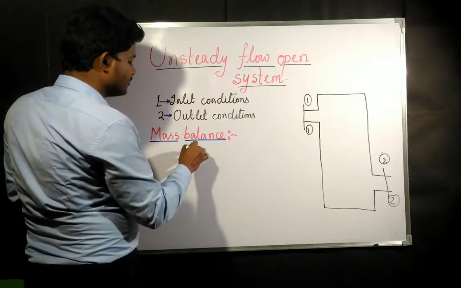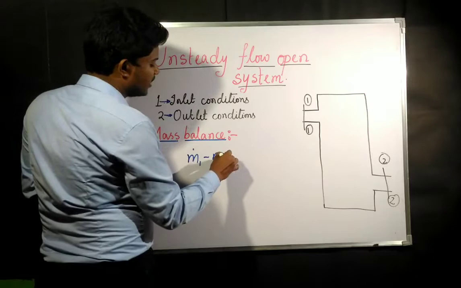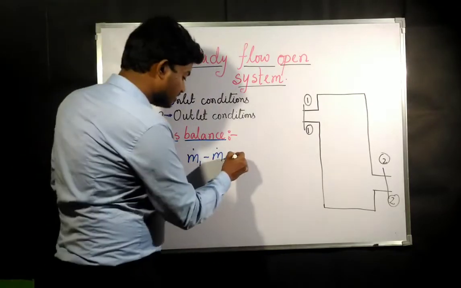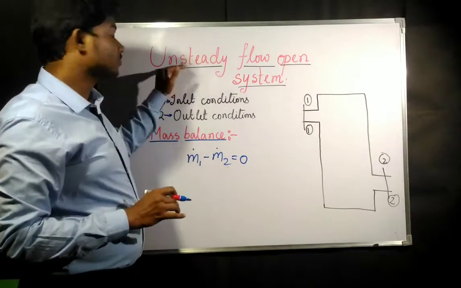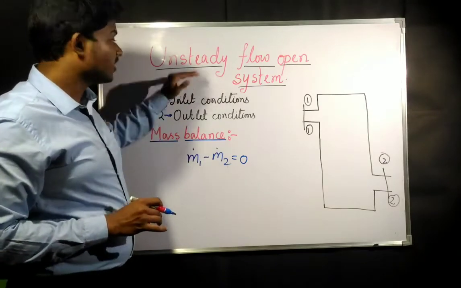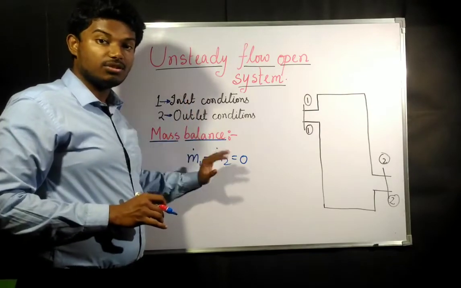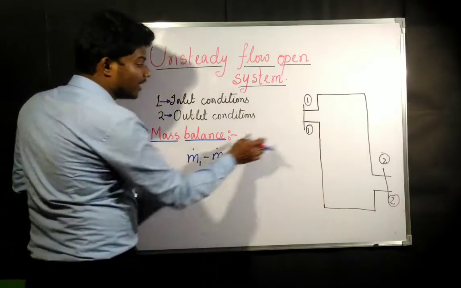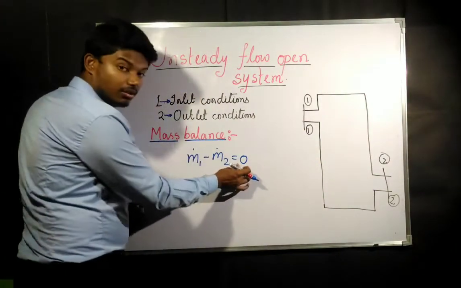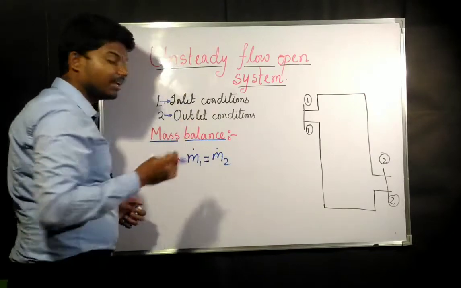So the mass flow rate at inlet minus the mass flow rate at exit was 0 for steady flow. For that reason, both were equal.